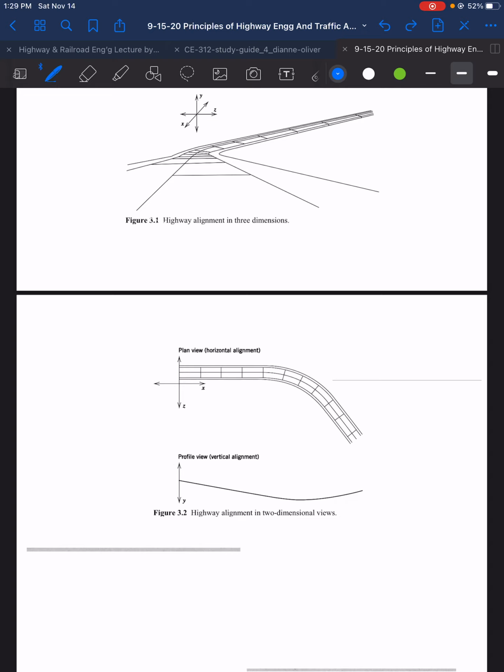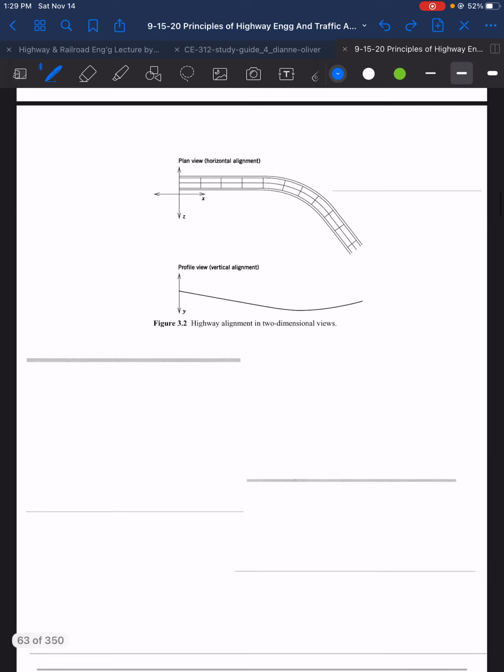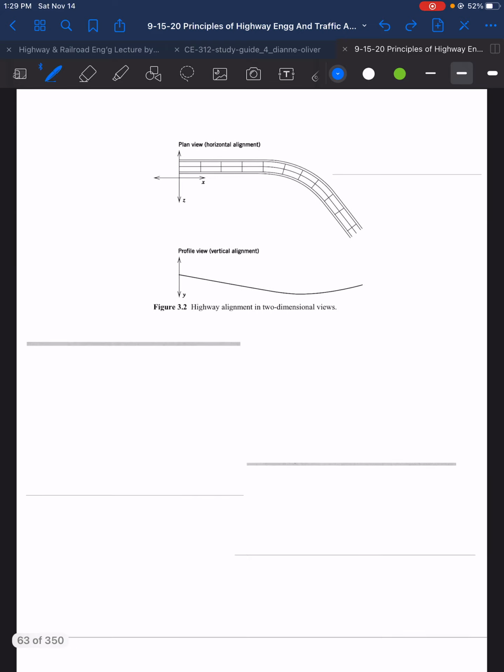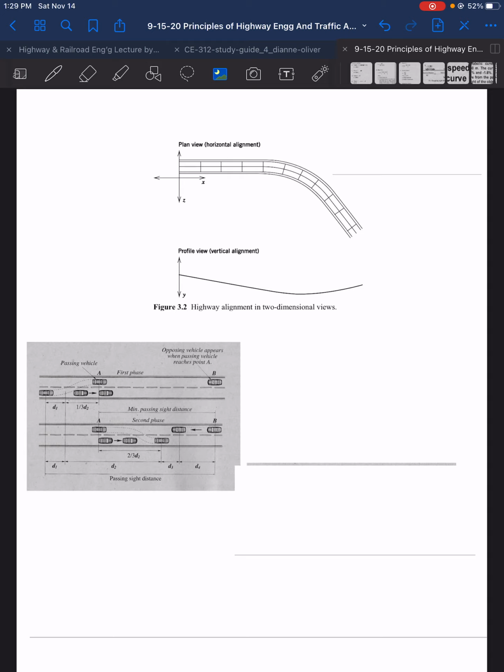Now how about if we look at it from the side? We are looking at the profile view or the vertical alignment of the highway. So far, under the plan view or horizontal alignment, we were able to discuss passing sight distance, wherein you can see the highway in the top view.